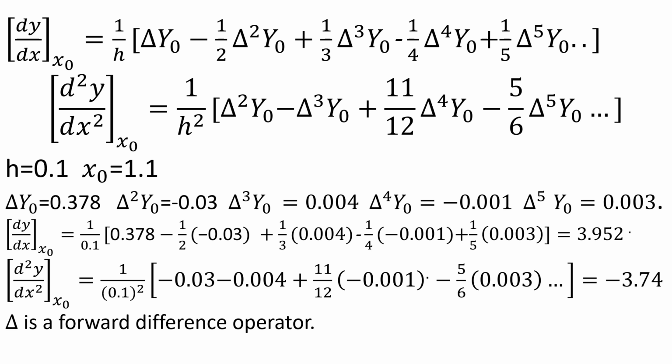You have to remember these two formulas, which are basically Newton's forward formulas. So we can calculate d²y/dx² at the start, x0 equal to 1.1, and the answer is minus 3.264.